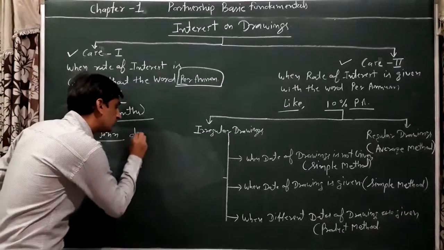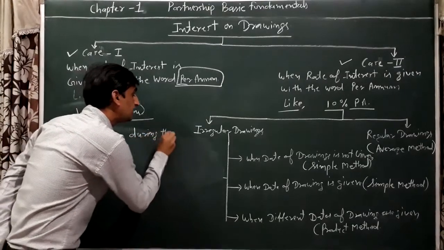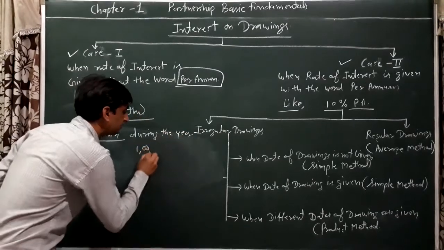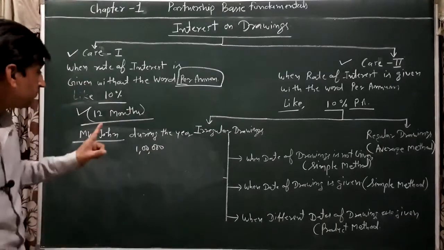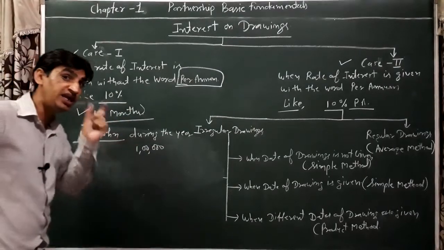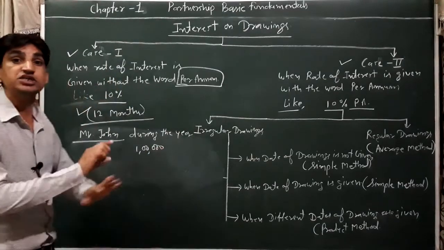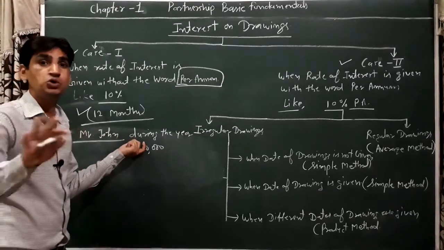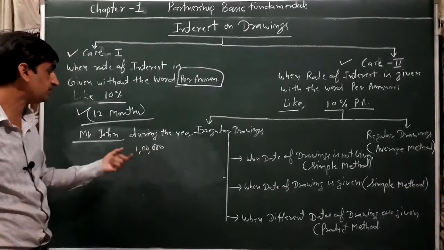During the year, the date is not given, he withdrew rupees 1 lakh for his personal use. Point to be noted here: in the last example the date was given, 31st July, but in this example there is no date. During the year, the time of withdrawal is not considered. It's not information given in the question.